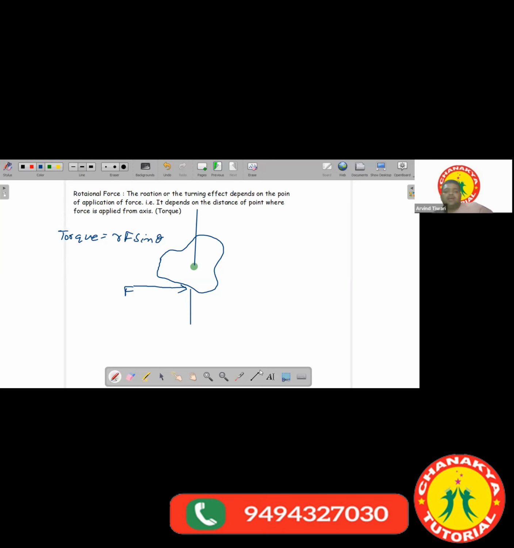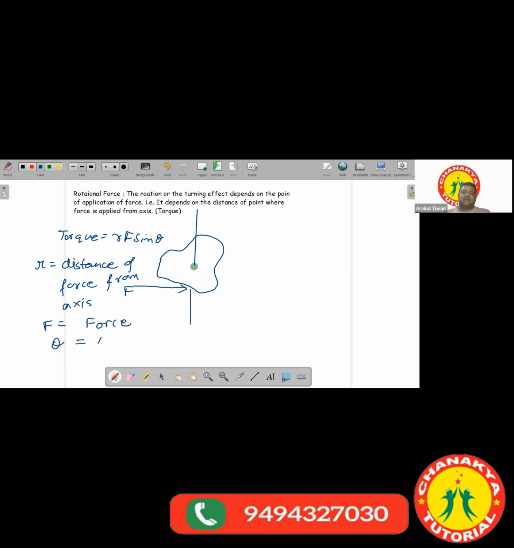R is the distance of the point where the force is acting from the axis. F is the force that acts. What is theta?